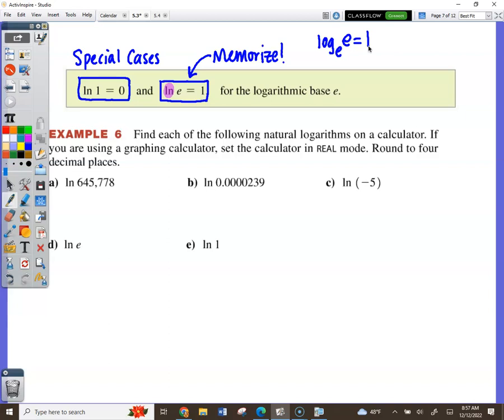Because if you change the ln to log base e, and then the rest of it's still there, that's why it's 1. Okay? Memorize that. Understand it's because of this, so that if you ever forget to memorize that, you can at least rewrite the ln as log base e, and then hopefully you remember that when the base and the of match, it's 1. Okay?